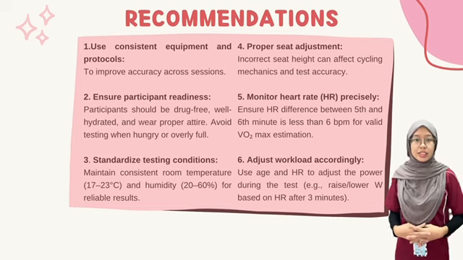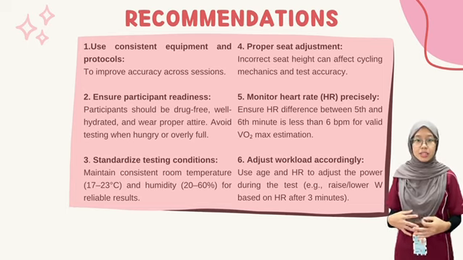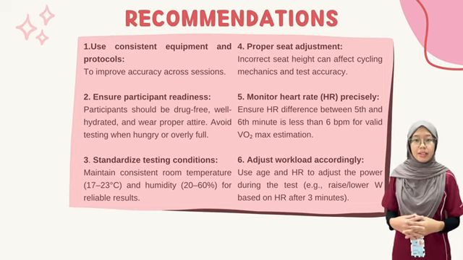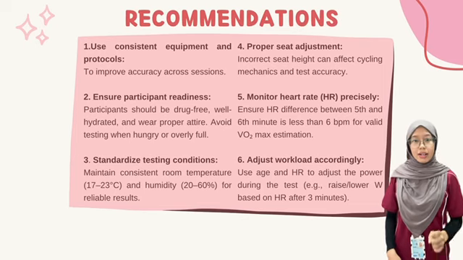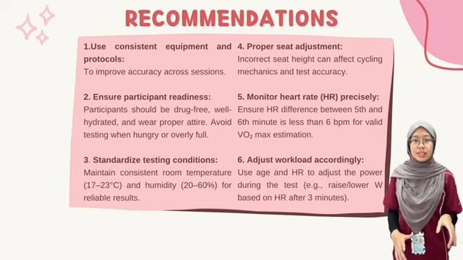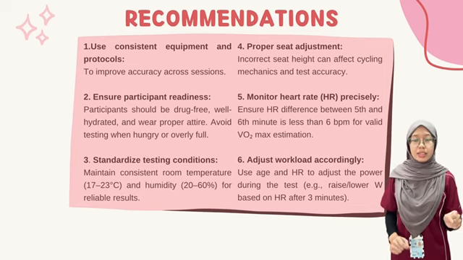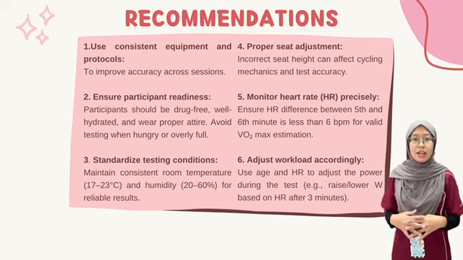Another recommendation is to change the power or resistance after 3 minutes. If the heart rate is too low, increase the power, and if it is too high, lower the power. The change depends on the participant's age and target heart rate.